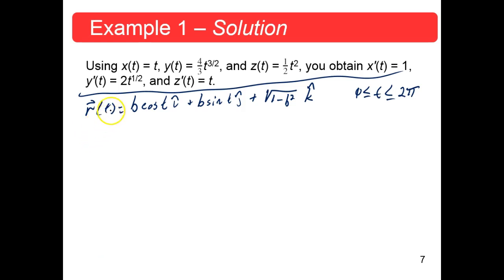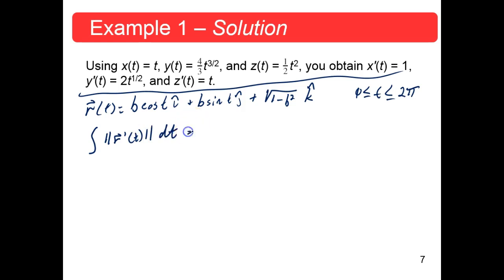Neither one of you came in when I went over it, so you know what it is. It's the integral. Here is a shorthand way of saying it: the integral of the magnitude of r prime of t dt.